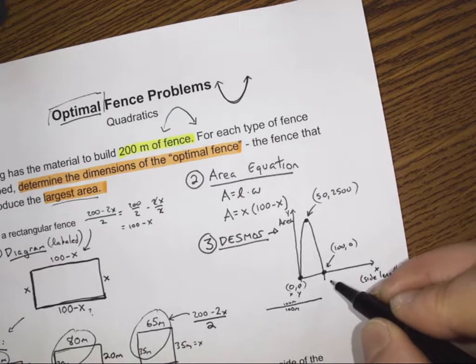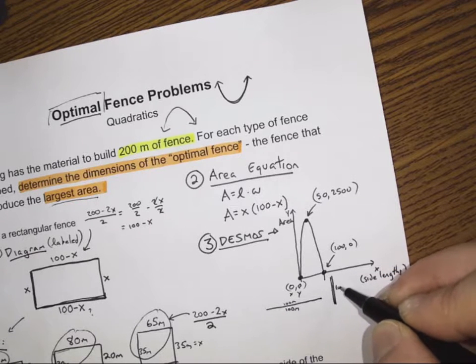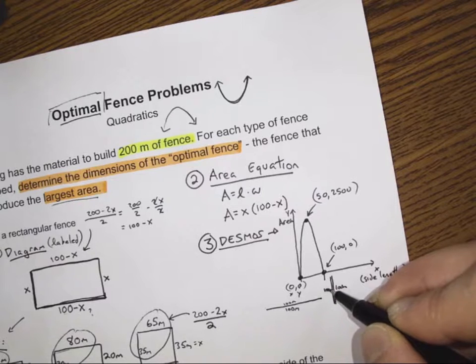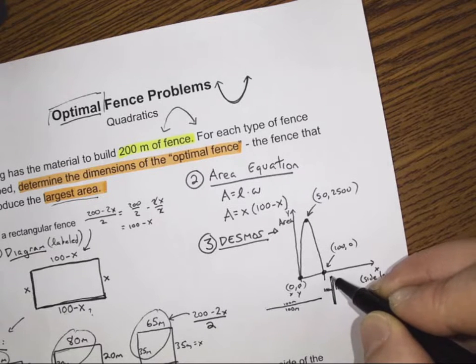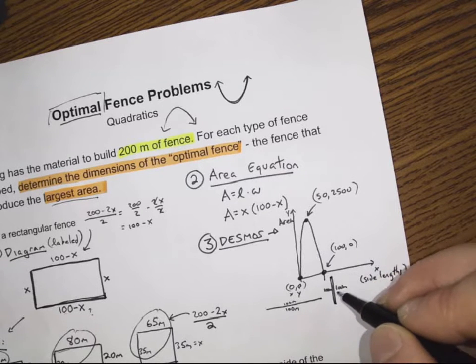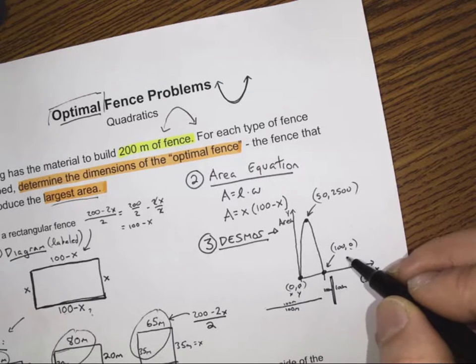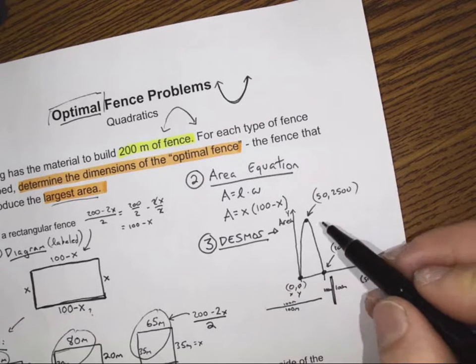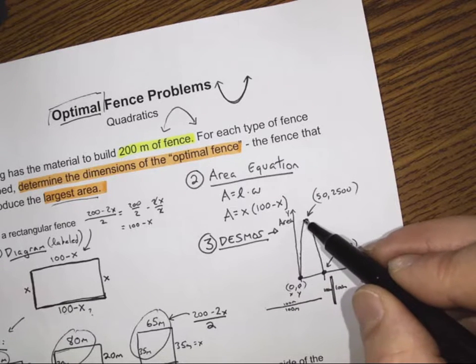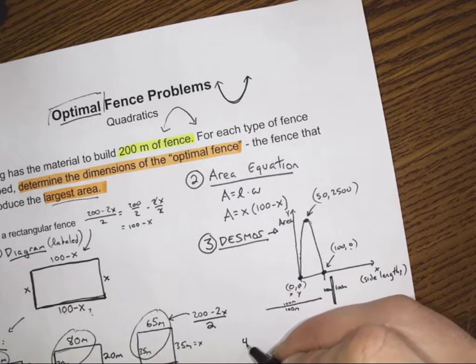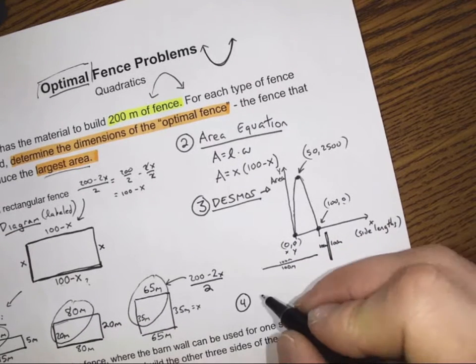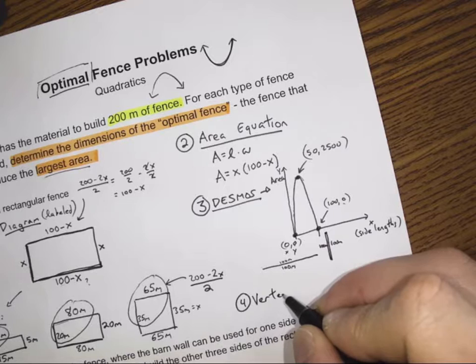Alternatively, you could have side lengths that were 100 meters on either side, but have no fencing left for the rest of your side. So it'd be 0 in this direction, and again, you'd have an area of 0. However, the maximum possible area you could enclose is at the vertex. So step 4 is we're going to look at the vertex.